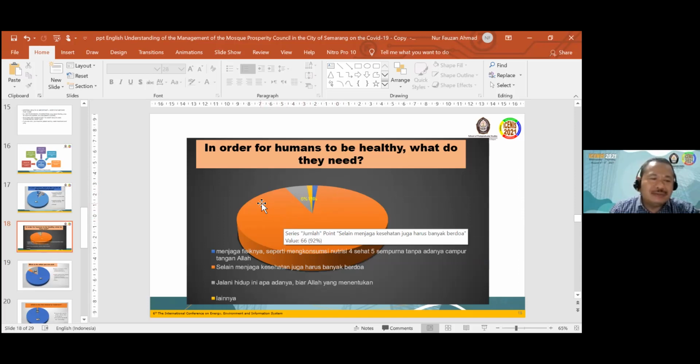For them, being sick is God's way to remind them to be aware of their mistakes and God's way of erasing their sins.